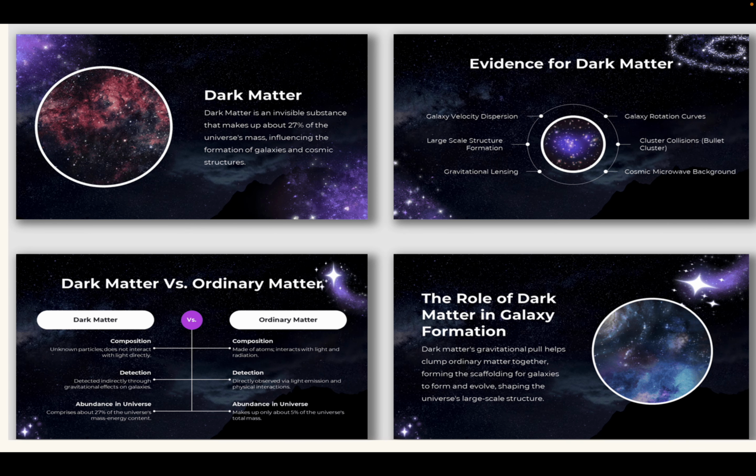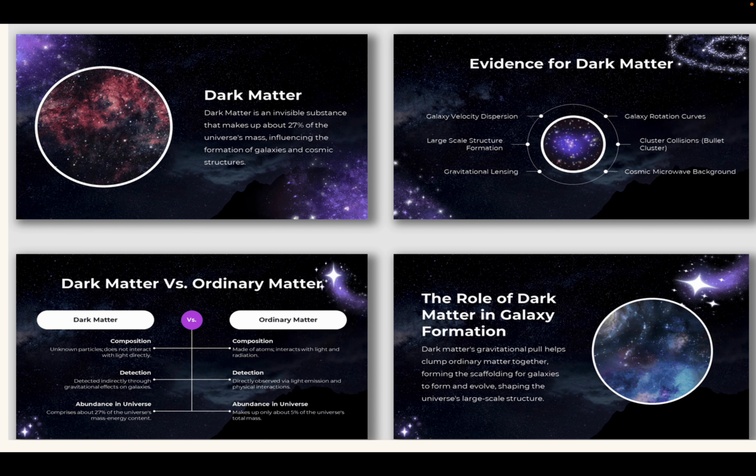The next thing we will learn is what dark matter is, what ordinary matter is, and what the difference is. Dark matter is an invisible substance that makes up about 27% of the universe's mass and influences the formation of galaxies and large scale cosmic structures.